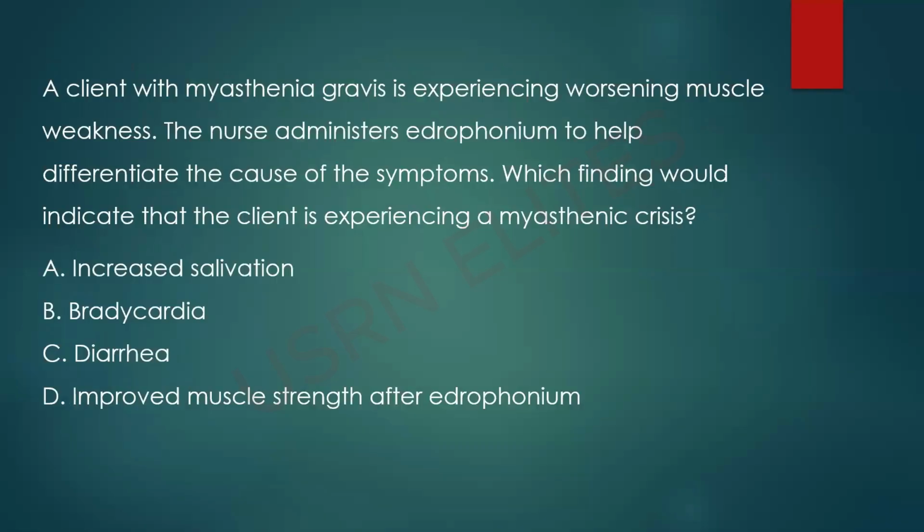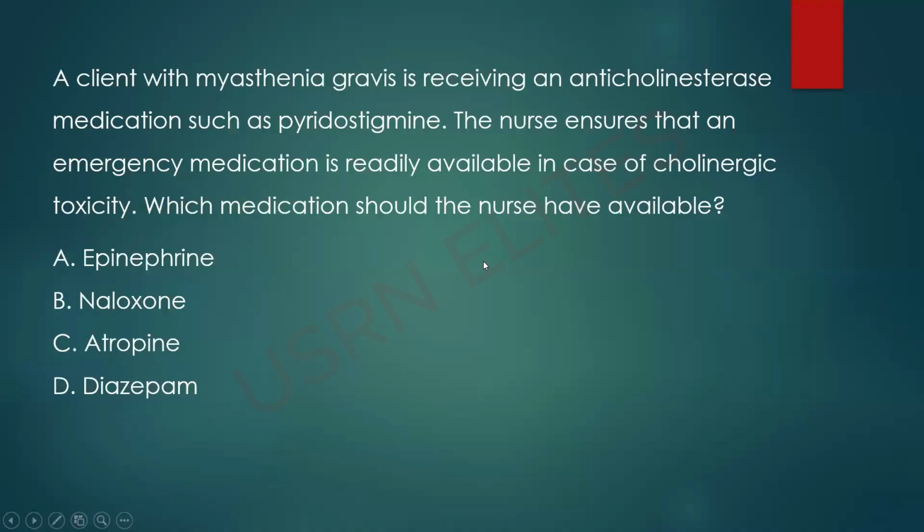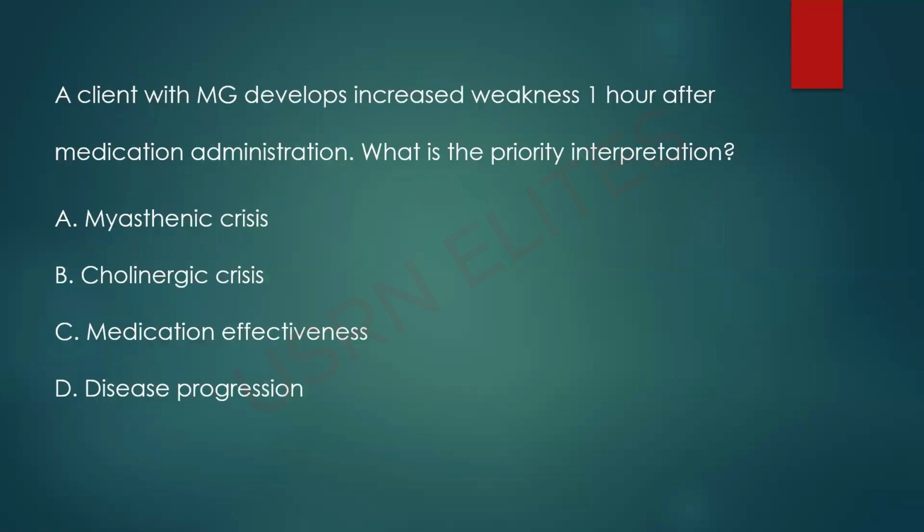Please, my hand is up. Sorry, I didn't see. Talk to us, please. The previous question, the cholinergic crisis. I want to understand because myself, I was choosing A. Do we have weakness in cholinergic crisis?